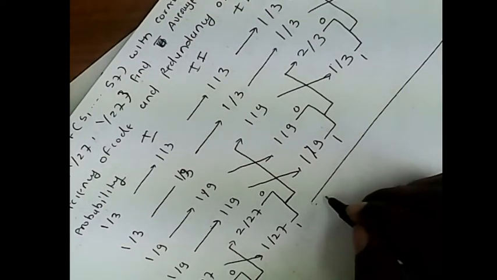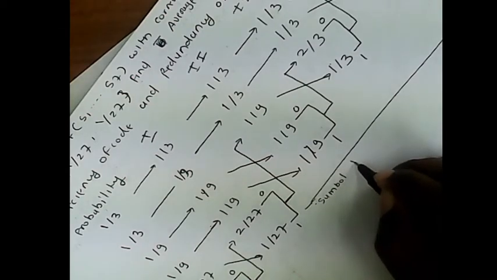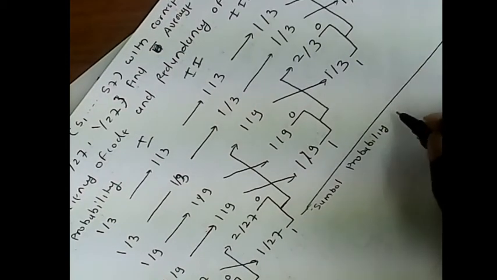Then to write down the code words, we can write a table with the symbol, probability, code word and code word length.